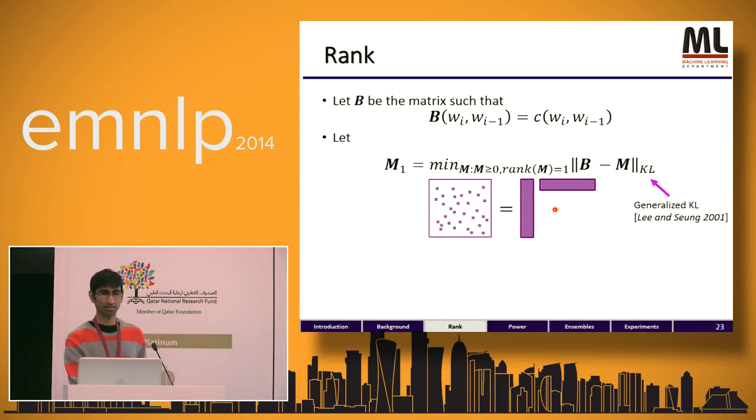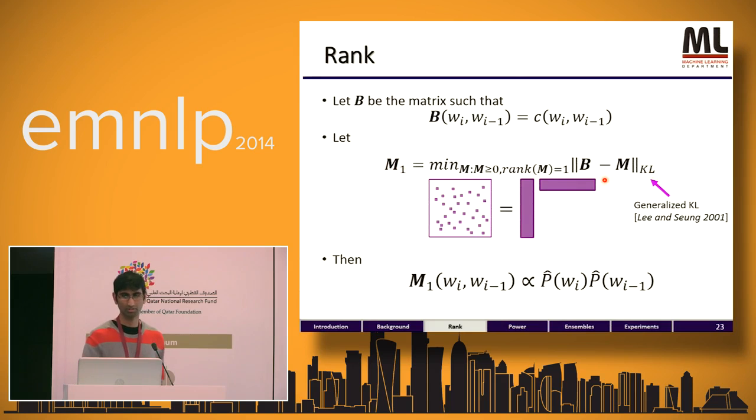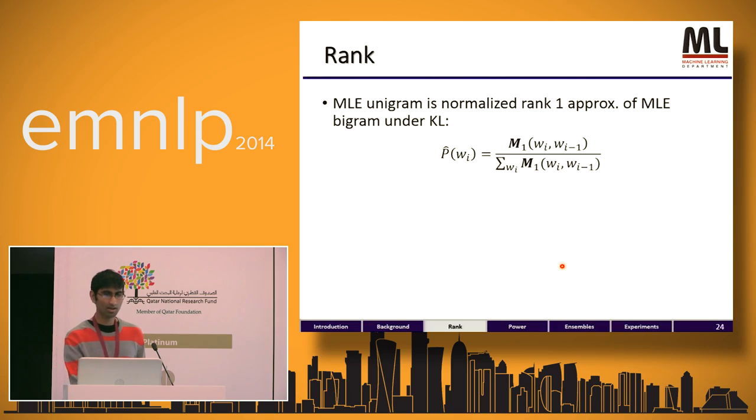So if I count the bigrams from the data, these are the bigram counts, and I take the best rank 1 approximation of B according to KL divergence, or generalized KL divergence, then the resulting matrix M1 is proportional to the empirical unigram counts, where the normalizing constant is just the total number of counts in the matrix. So this lets us conclude that the max likelihood estimate, or MLE unigram, is the normalized rank 1 approximation of the MLE bigram under KL divergence.